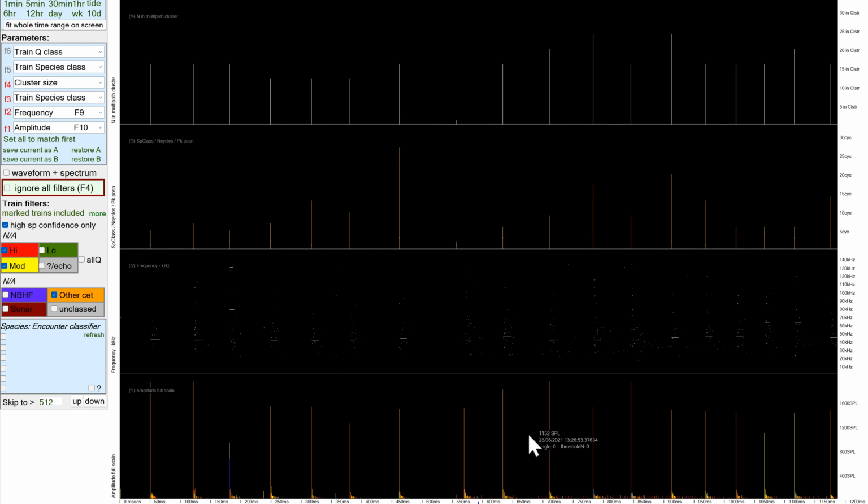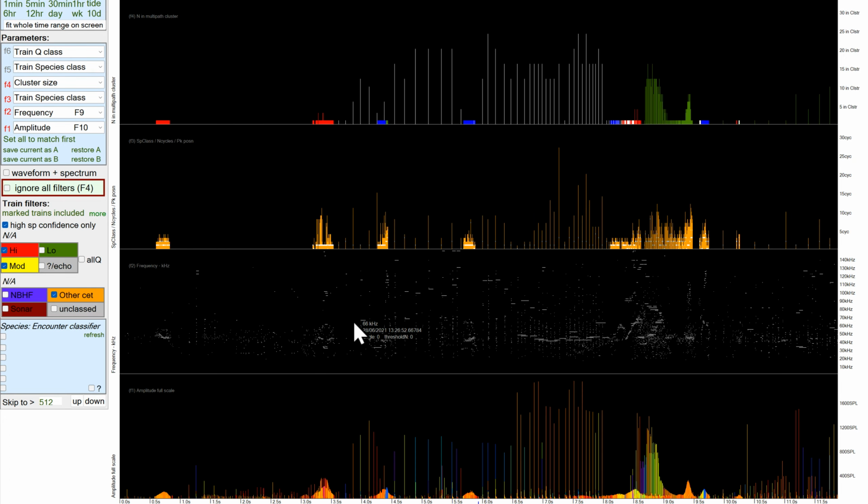So this is looking pretty much like the one we saw before. And this representation is showing you the length of the click, so that'll actually be the loudest one. Yeah, there you have it. That's where the structure arises from, the fact that you've got different frequencies being represented in the multipath cluster.